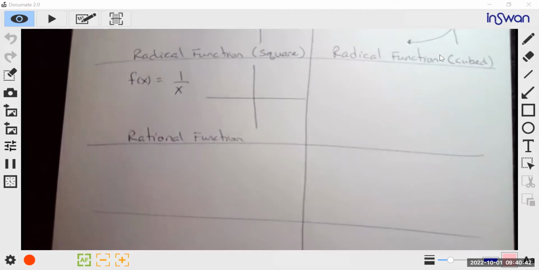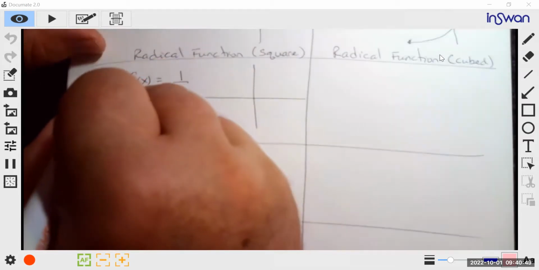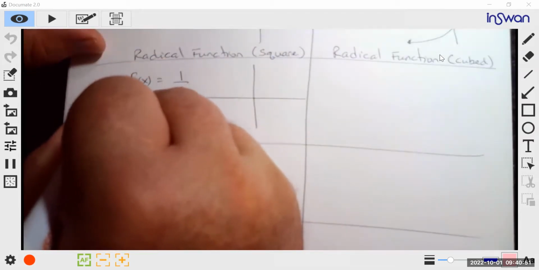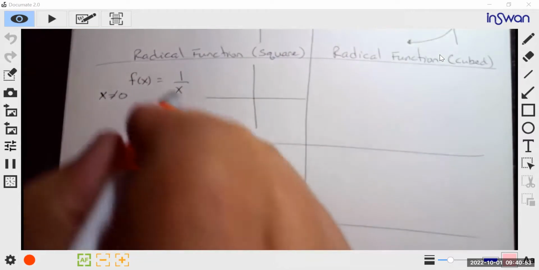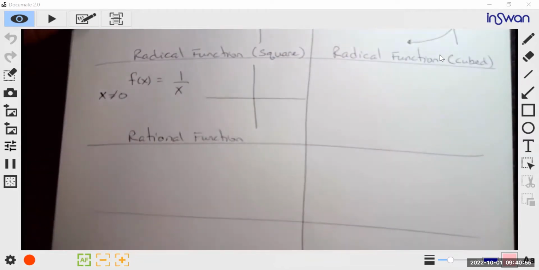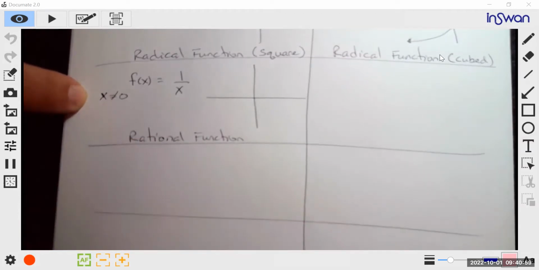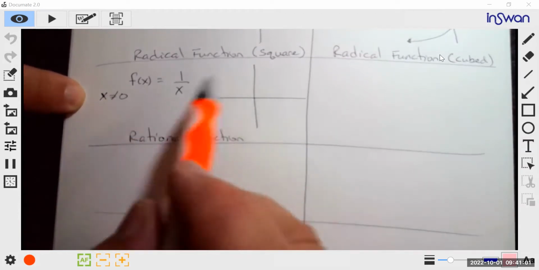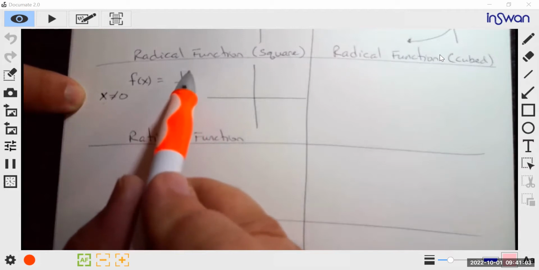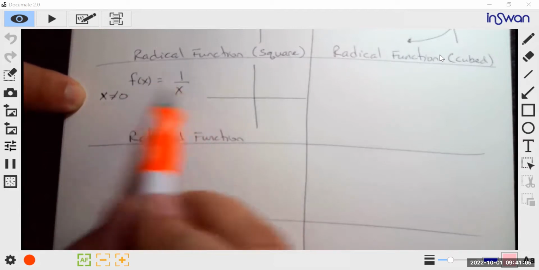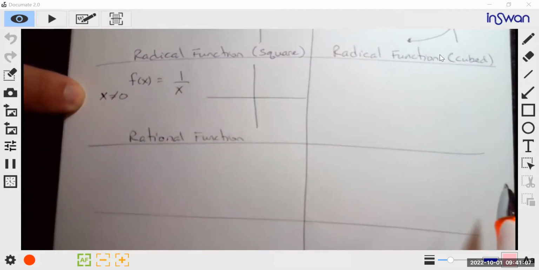Whenever x is on the bottom, we have what are called asymptotes. Because we know that x cannot equal 0, because you cannot have zeros on the bottom. So that's my asymptote. X cannot equal 0. It's my limitation. Also, since there's no x on top, the function cannot equal 0. So there's another asymptote.